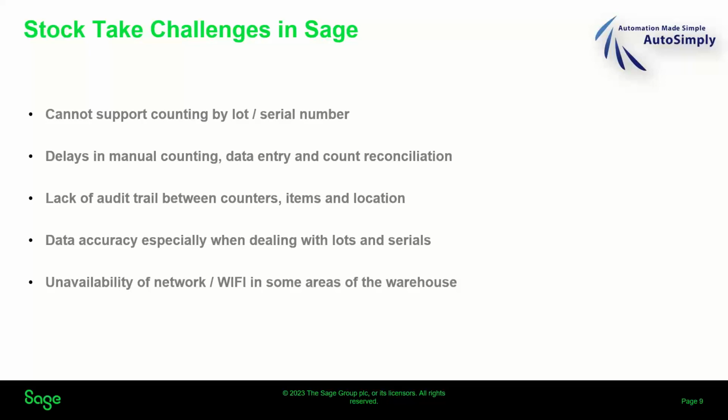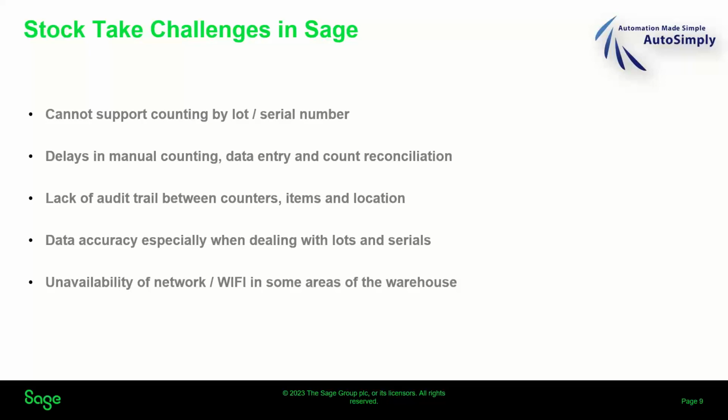So any of you who have lots or serial numbers know that Sage cannot count by lot or even by serial number. The only thing that Sage IC allows us to do is record what lot or what serial number has a variance at the end of the count. So it's not allowing you to count by lot as you see the item in the lot. That's a major limitation for those with lots and serials.